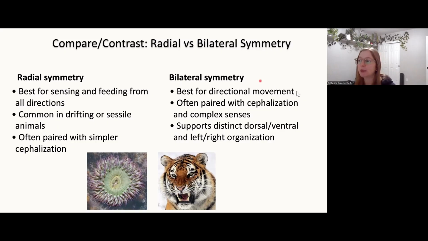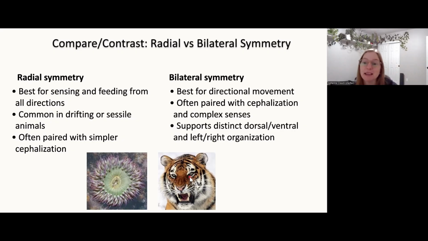In comparison, bilateral symmetry is really good for directional movement. So if I look at my tiger here, that tiger is forward facing. It is hunting prey in this direction. It will attack in an anterior motion. So bilateral symmetry is really good for sensing the world in one direction at a time. It's usually paired with cephalization, which means having a head, and complex senses such as sight.